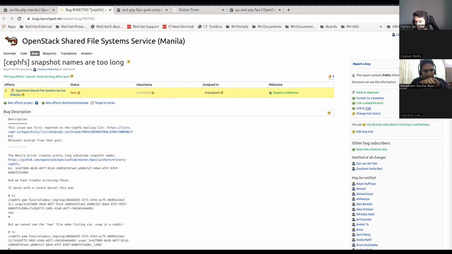It's some Ceph internal thing, but essentially there is an 80 character limit.